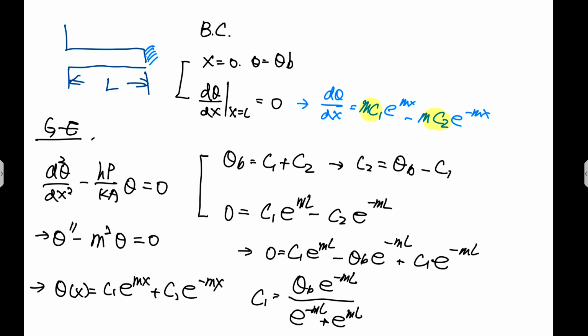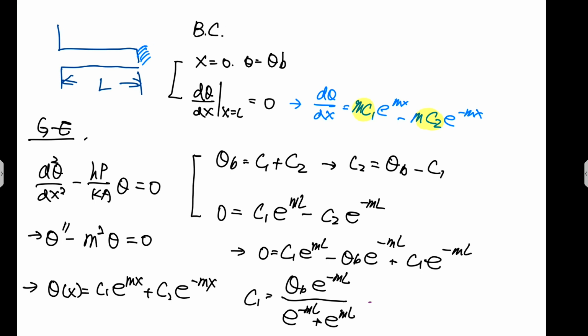You can stop here, but if you want something more concise, I will multiply by e to the ml for each term. Then C1 will become theta b at the top over 1 plus e to the 2ml.